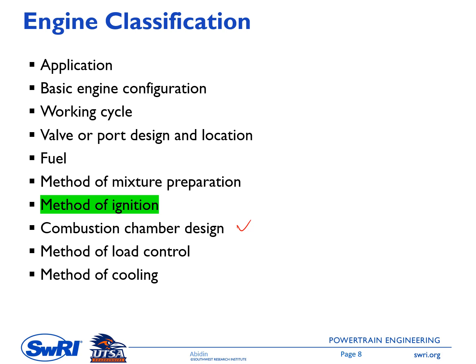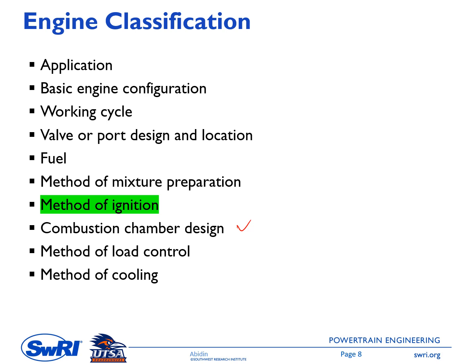We can also have a bowl-in-piston, or a different piston like wedge or hemisphere. It can also be a divided chamber. So in a divided chamber, you have a main chamber and a small chamber, which is usually called a pre-chamber.